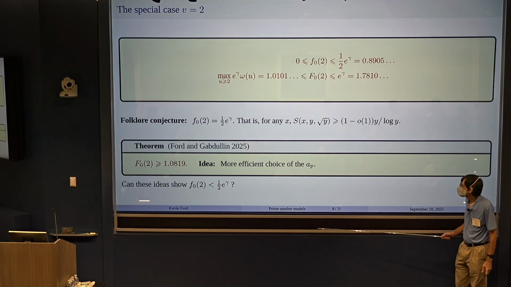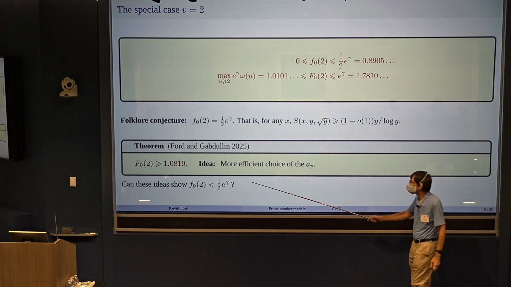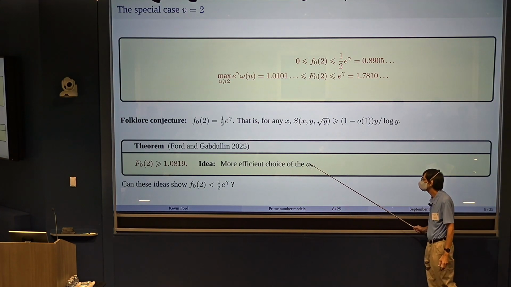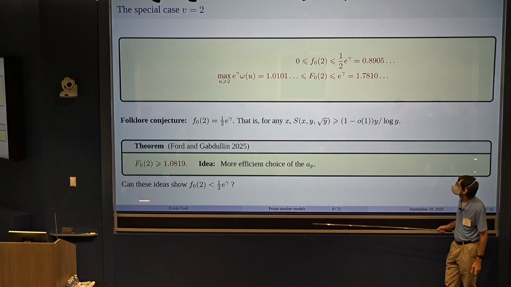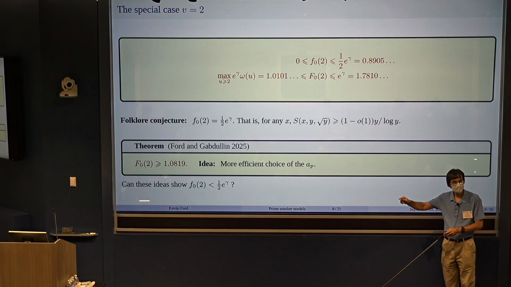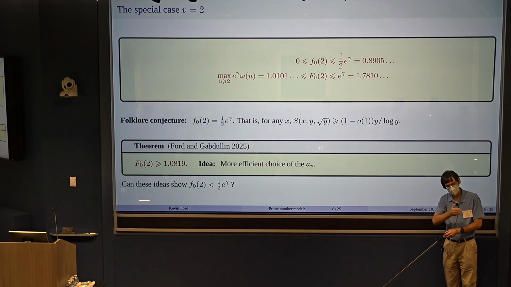So I think this idea, this bound here, comes from taking AP to be 0. Okay, so we're sieving primes up to square root y. So the primes between y to the 1/5 and y to the 1/2, we take AP to be 0. And for the smaller primes, we take AP to be either random or use a greedy algorithm. It gives the same bound.